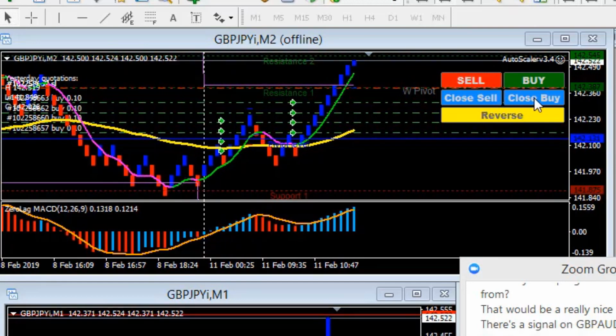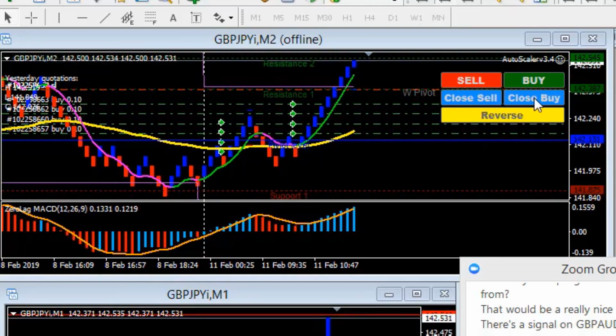We have effectively locked in now at the step stop. We're locked in at plus 20.